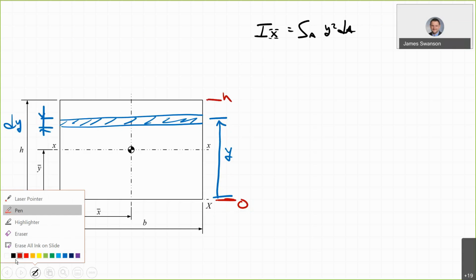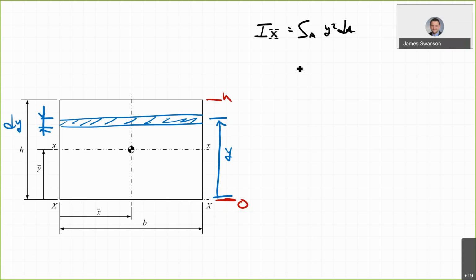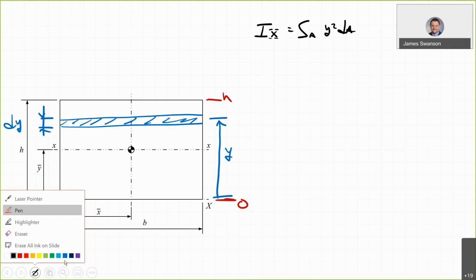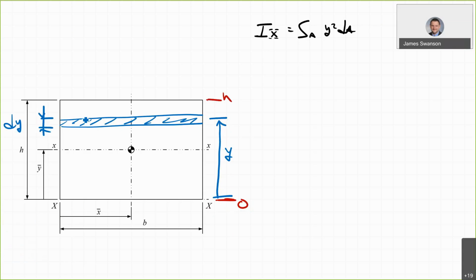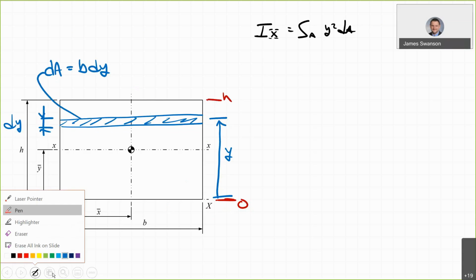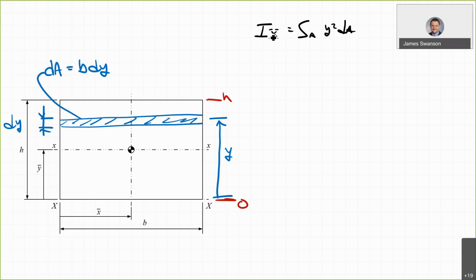One more step, sorry. The area of this differential area dA is equal to its width. The width here is constant regardless of the value of y. The width is equal to b, and then the thickness is dy. So then I can do some substitution.